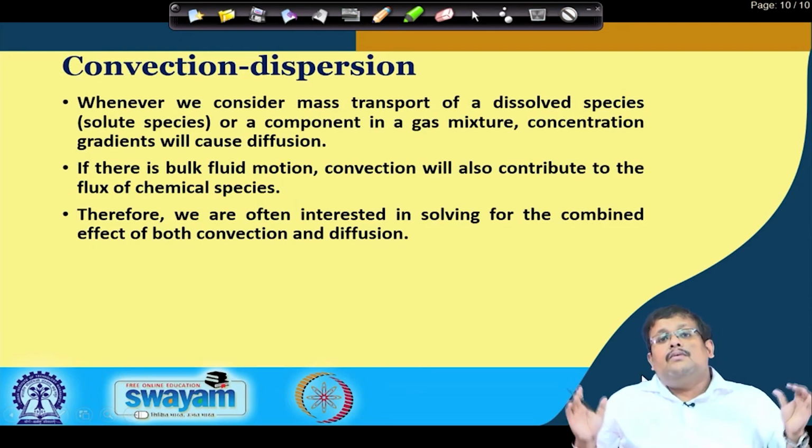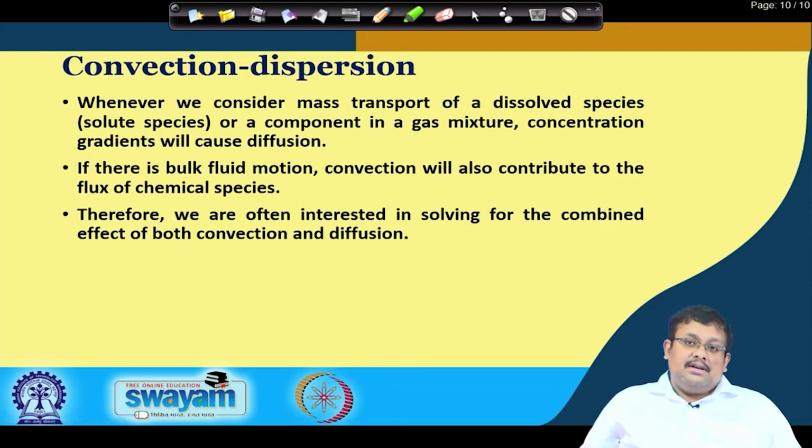Now, what is the convection dispersion? We need to understand this first. What is the coupling of convection and dispersion? Remember that whenever we consider mass transport of dissolved species, which is a solute species or a component in a gas mixture, concentration gradients will cause diffusion. Obviously, when there is a concentration gradient, there is a diffusion. Now, if there is a bulk fluid motion, convection will also contribute to the flux of chemical species.